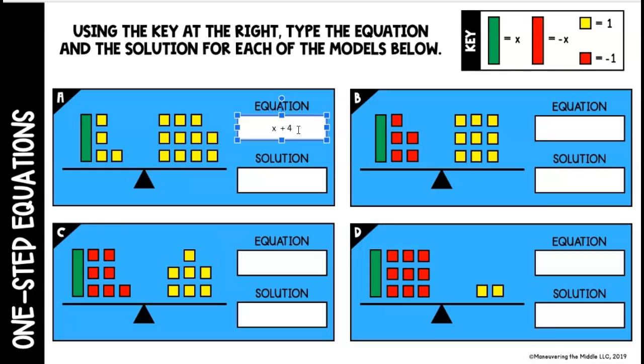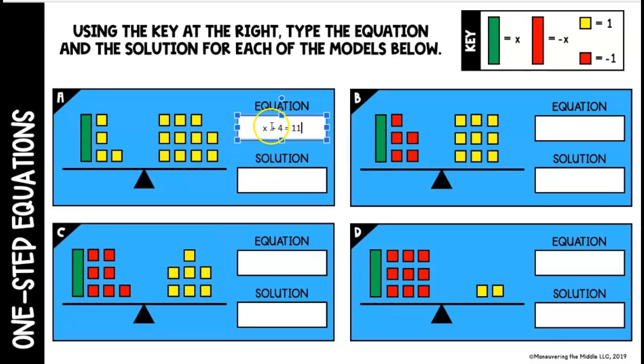We have two sides of the equation, and equations relate two things by an equal sign, so we need to put in our equal sign. Then I'm going to count the cubes on the other side: 1, 2, 3, 4, 5, 6, 7, 8, 9, 10, 11. So I would put 11 in here.